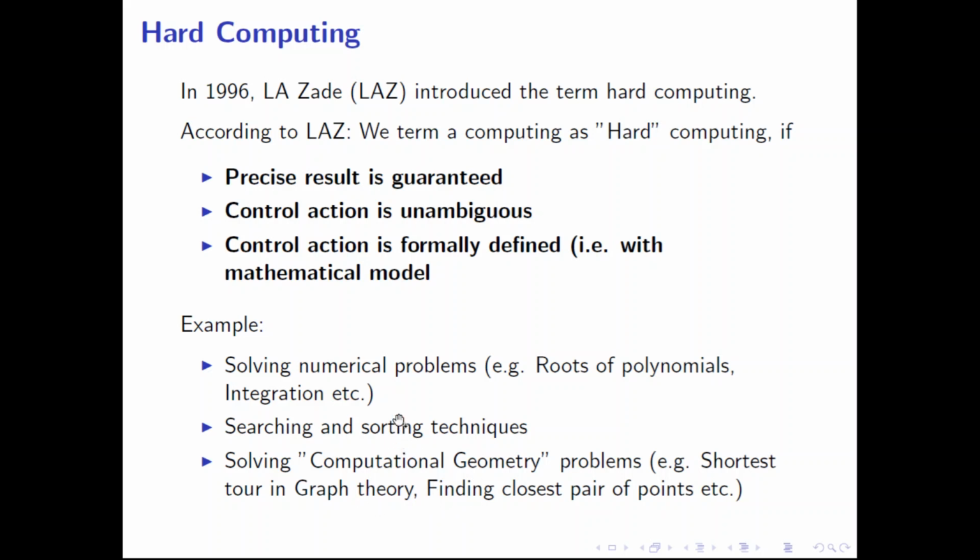All these come under hard computing, because for all these problems there is a precise result, there is no confusion, there is no ambiguity in solving these problems, and all of them can be mathematically modeled. So the problems which can be mathematically modeled, and for which there is a fixed or precise solution, can be solved using hard computing.